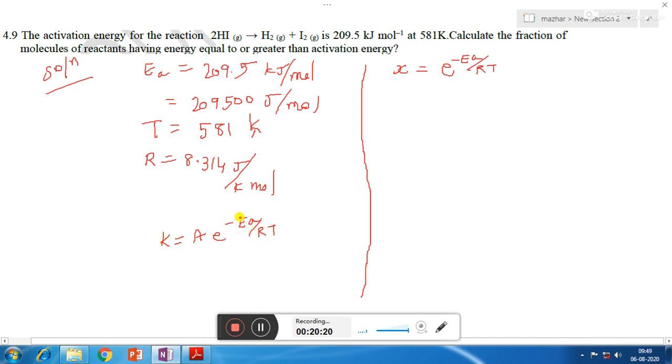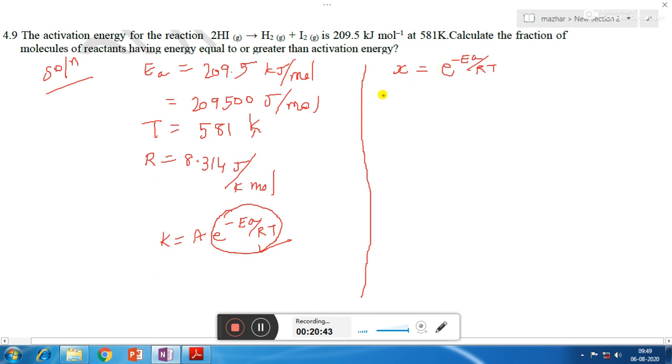So in this equation the term e raised to minus Ea upon RT is nothing but the fraction of molecules whose energy is equal to or greater than Ea. So that means we have to find out the value of e raised to minus Ea upon RT. So suppose it is x. So that is the fraction of molecules that we have to find out.